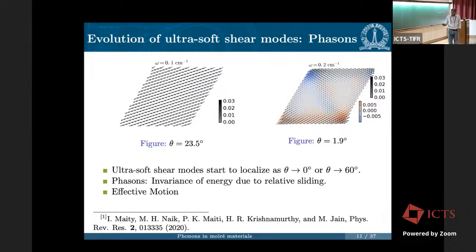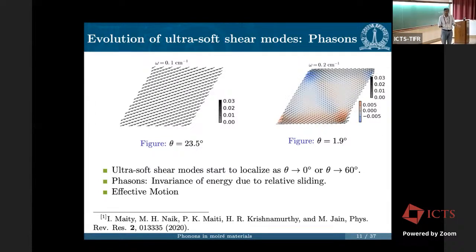When you look at this low frequency mode at a large angle, and I don't think you can see the arrows, but all the arrows are pointing in the same direction. So if you look at an angle of about 23.5 degrees, and I look at this low frequency shear mode, it's zero frequency.